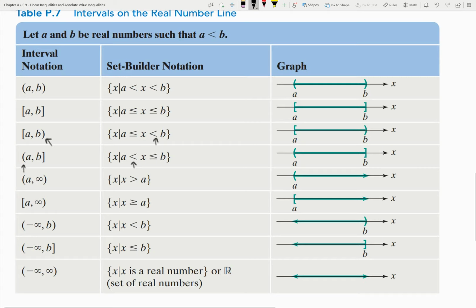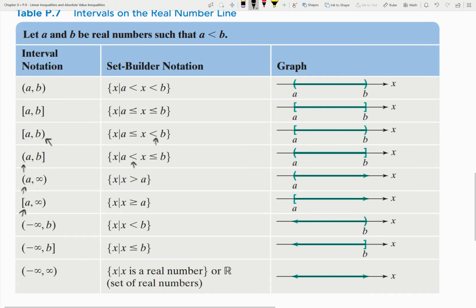My infinite intervals, where A is not included, so that's X such that X is greater than A, and then one where A is included, X such that X is greater than or equal to A. So we have our parenthesis and our bracket depending on whether or not we want that to be equal to. And those are extending to the right. And then we can do the same thing with less than, and I use negative infinity comma B.